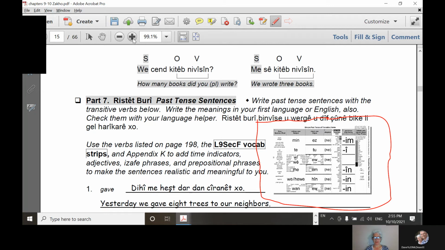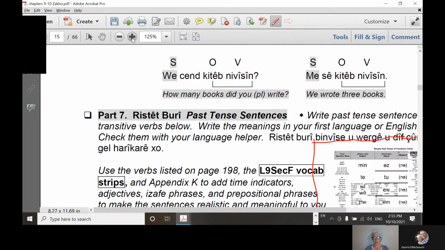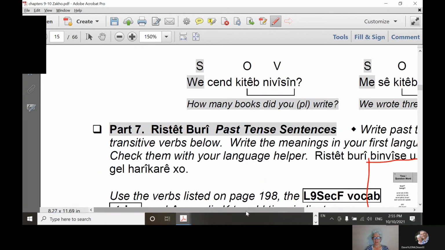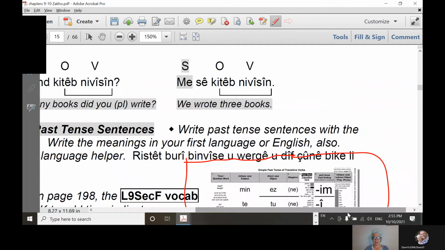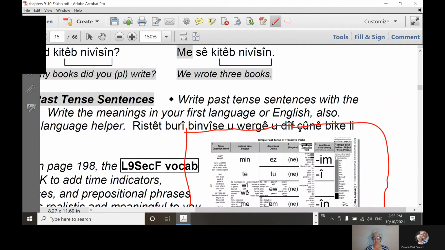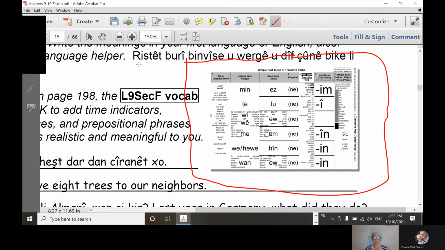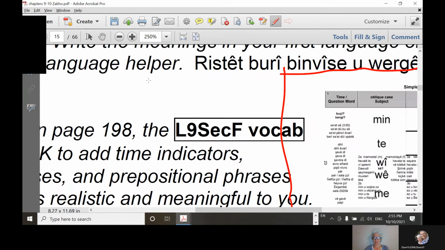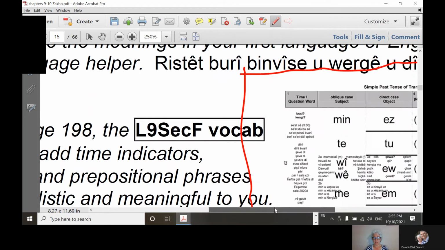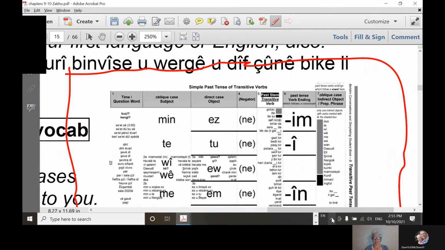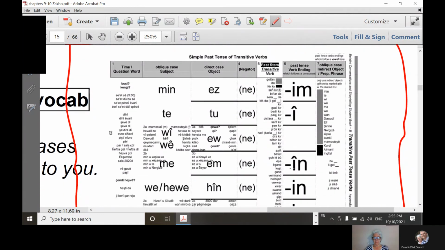Now let's look at this closer. Look at appendix K. So this is the simple past tense of transitive verbs.